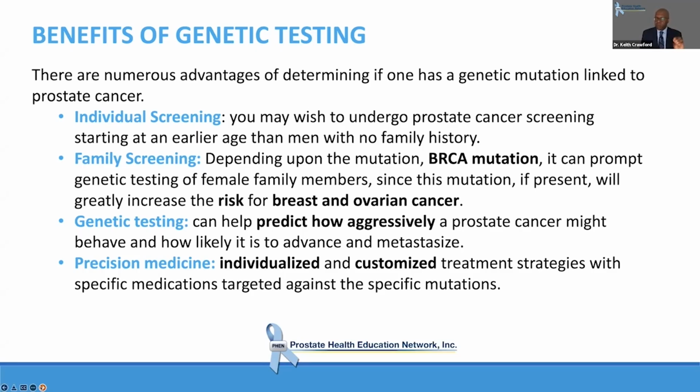So this is why it's important not to just think about the impact on yourself, but also on family members. Genetic testing can help predict how aggressive prostate cancer might behave and how likely it is to advance or metastasize. And again, we're moving into this precision medicine era where you can individualize or customize your treatment therapies.